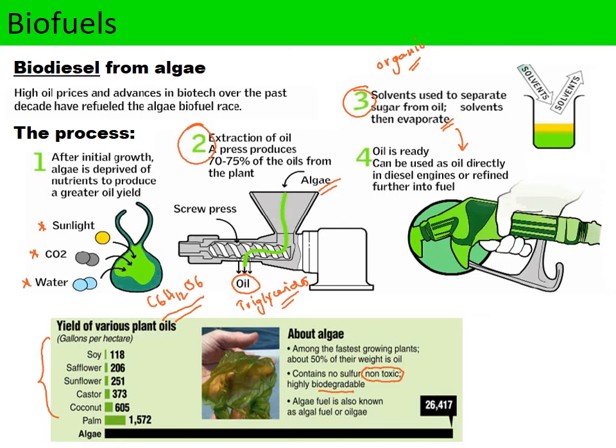Now, algae tend to be used because they have this very high lipid content. So other types of plant material can be used to make biodiesels, for example, castor oil, coconut oil, or palm oil. But it just so happens that the algae, because of their very high lipid content, are a good source of starting material to make your biofuel or biodiesel.